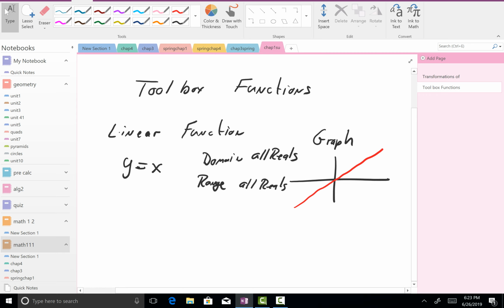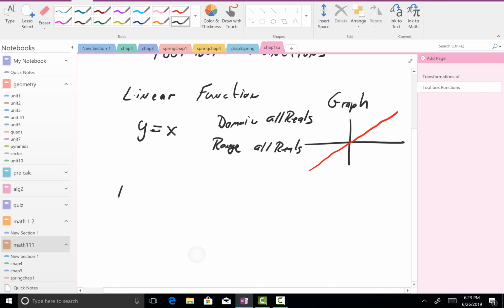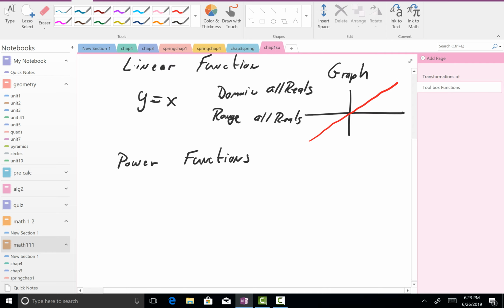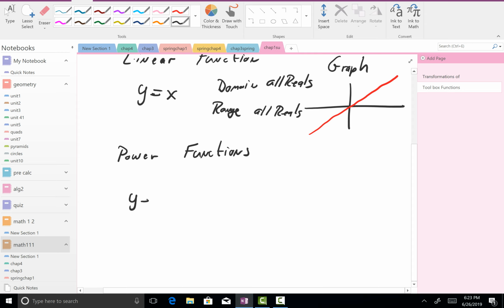The next ones we're going to take a look at are what we call power functions. Here's where I'm going to have you do some exploring. So y equals x to the n, where n is even.